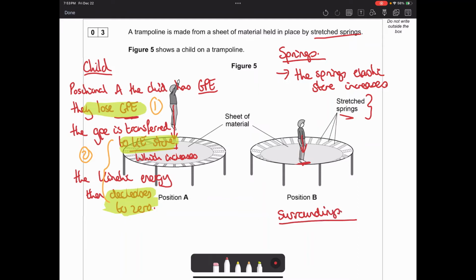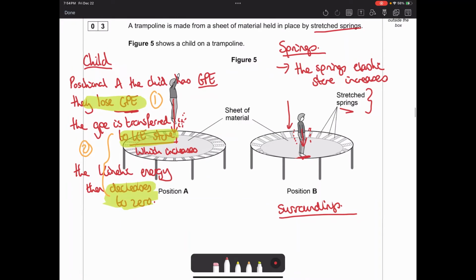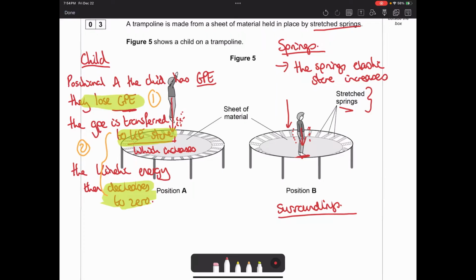So as the child is then falling down, what is happening to the energy store of the surroundings? Well, they are colliding as they are falling down. They will be colliding with loads of air particles. Now, air resistance is a form of friction. Friction generates heat, and heat is a type of thermal store.